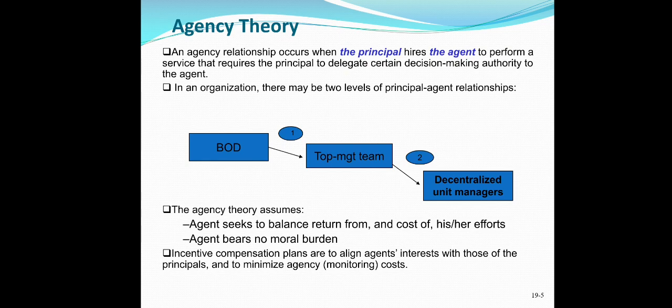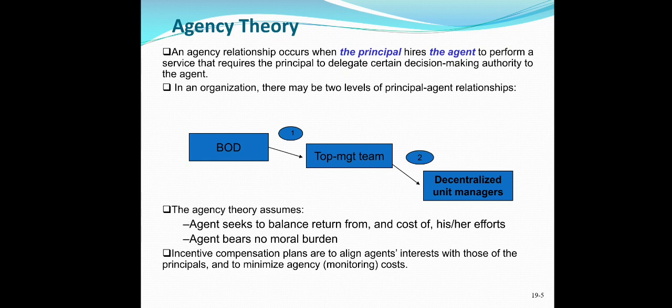Point number 4, incentive compensation plans are to align agents' interests with those of the principals and to minimize agency or monitoring costs. Okay, the agency theory explains that the agent seeks to balance return from and cost of his or her effort.